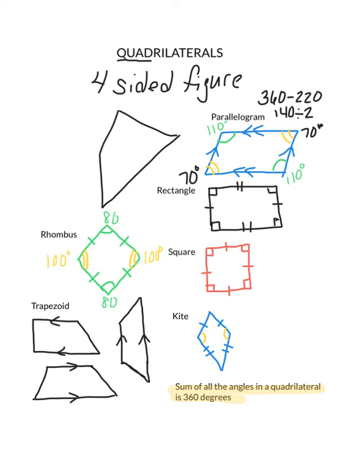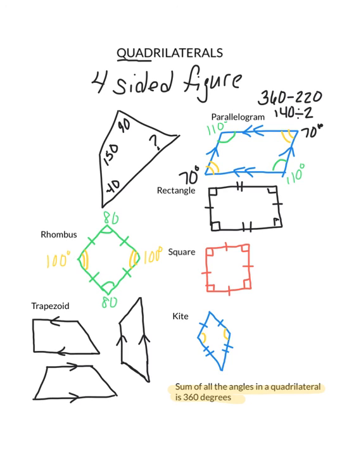Now my last one that I'll do an example with is my crazy little figure up here, this crazy little quadrilateral here. I am going to make up some numbers here and see if we can come up with the missing angle. I'm going to say that this angle here is 40 degrees. I'm going to say that this angle here is 150 degrees. And I'm going to say this one up here looks like it's 90 degrees. So I'm going to go with 90. How would I find this angle?